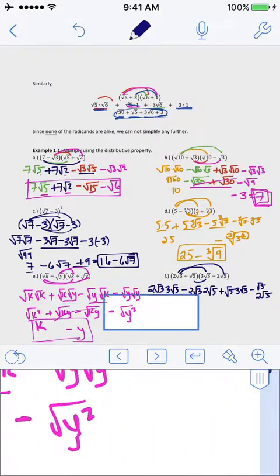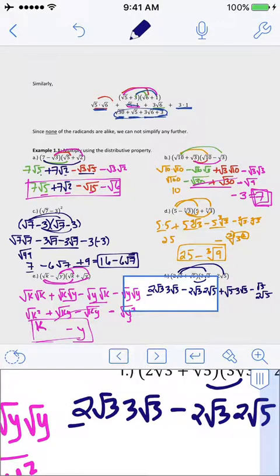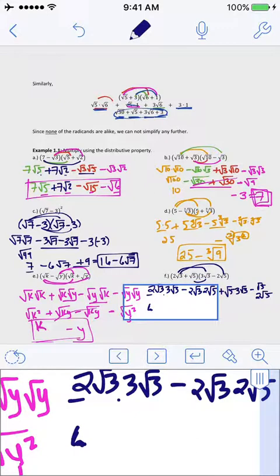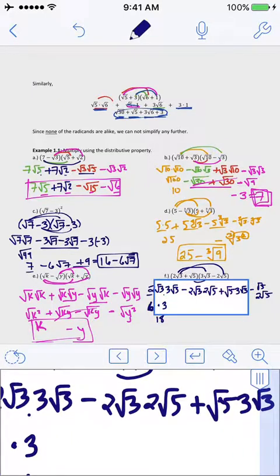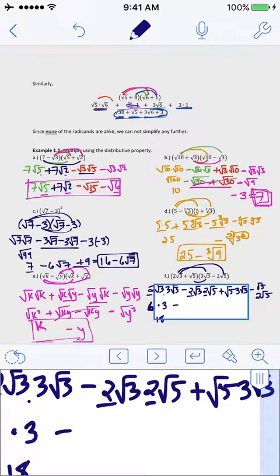Okay, now we can simplify. So I can combine the numbers. I get a 6. Root 3 times root 3 is the square root of 3 squared. So that would be times a 3. End up getting 18. Here I've got 2 times 2, so minus 4. Root 3 times root 5, root 15.